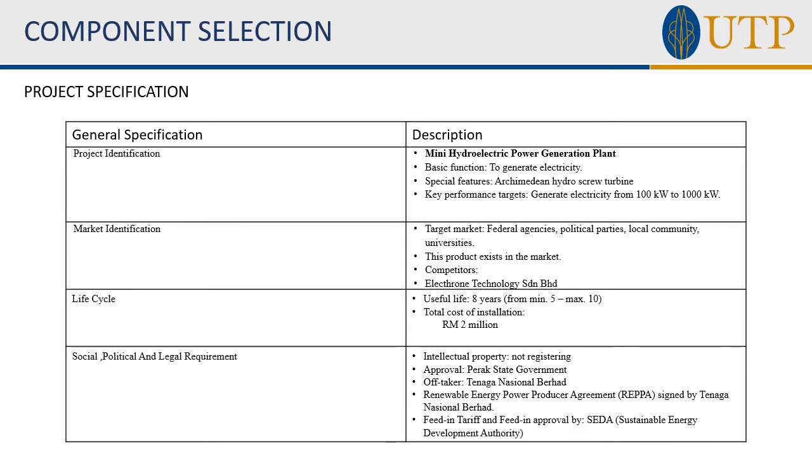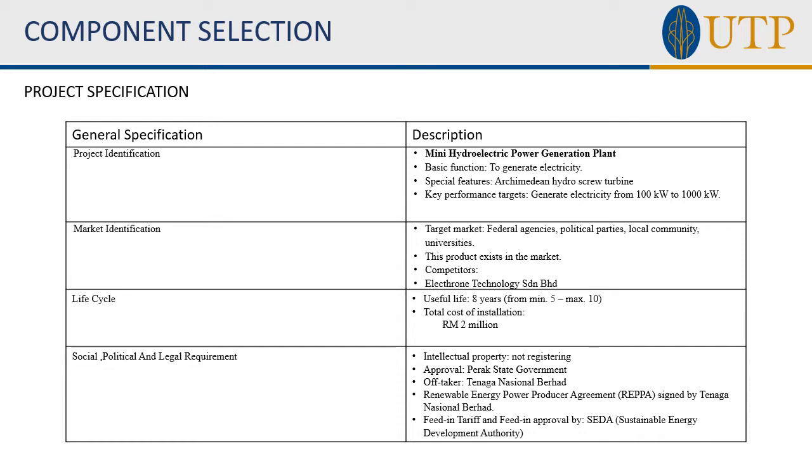The basic function is to generate electricity. The special feature is the Archimedean hydro screw turbine, and the key performance is to generate electricity from 100 kilowatt to 1000 kilowatt.